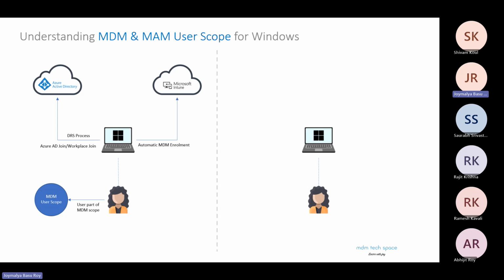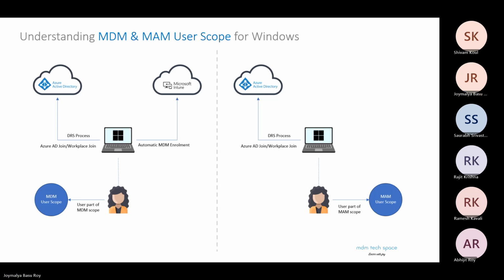But say now that the user is part of the MAM user scope. In such a case, when the device does the device registration process, it will not contain the MDM enrollment URL. So the device will not get enrolled to Intune.